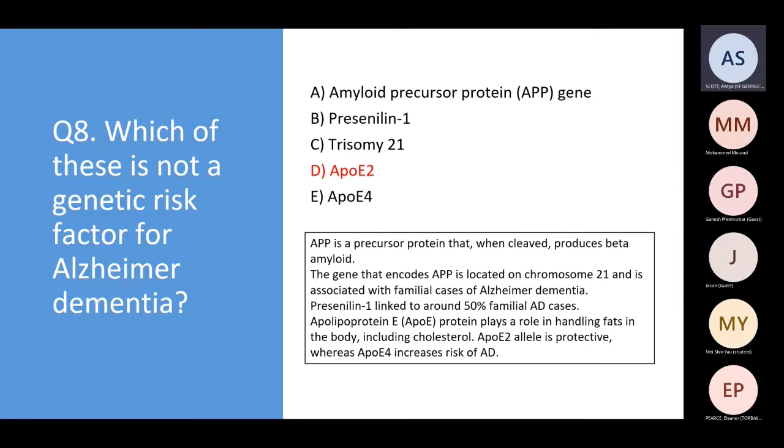The other one, presenilin 1, is linked to about 50% of familial Alzheimer's dementia cases. ApoE is a protein that handles fats in the body, including cholesterol. ApoE2 is protective, whereas ApoE4 increases your risk.